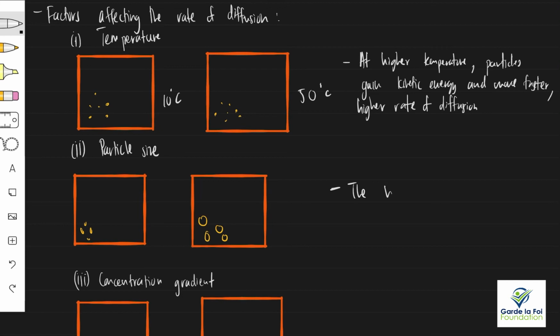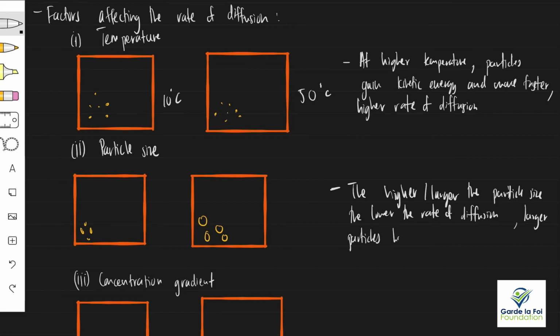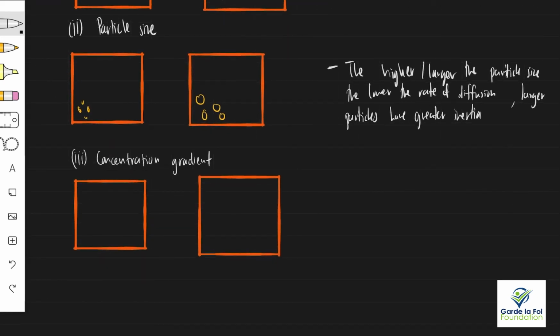The larger the particle size, the lower the rate of diffusion, because larger particles have greater inertia. They have more resistance to movement, so they'll move at a slower speed than the smaller particles.